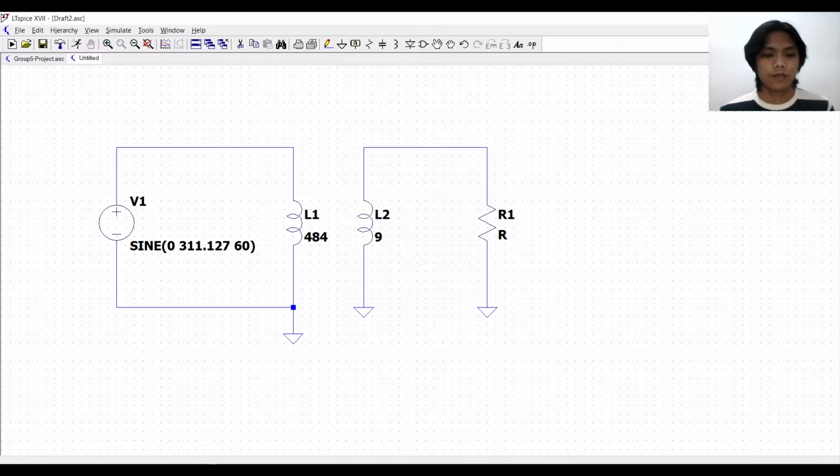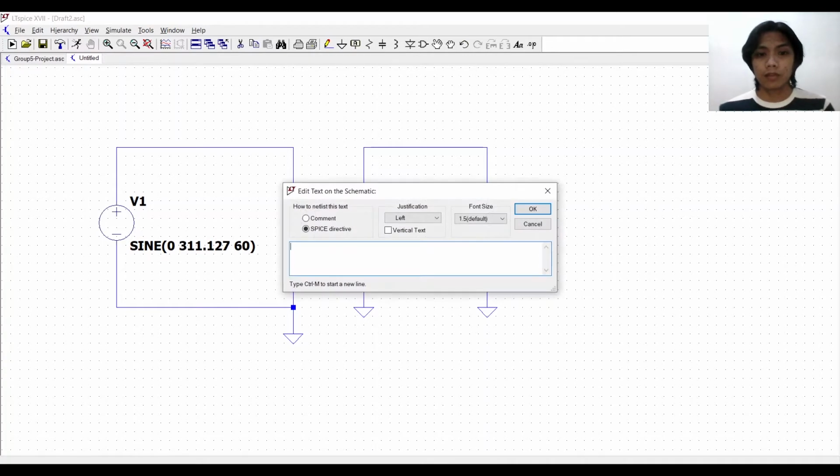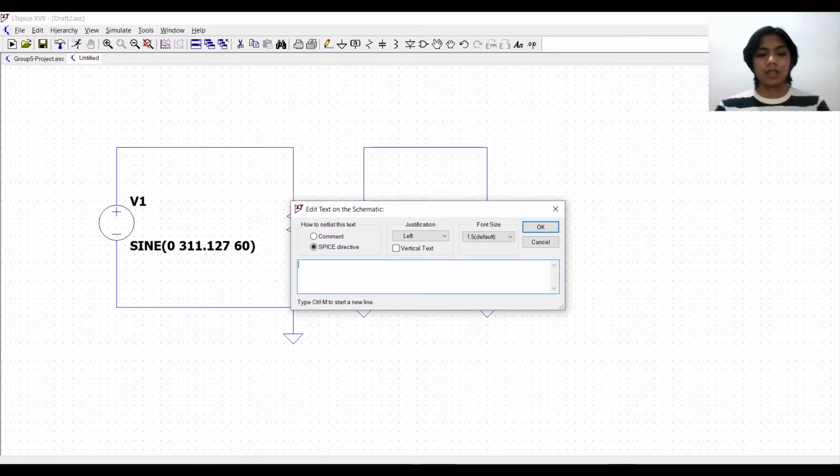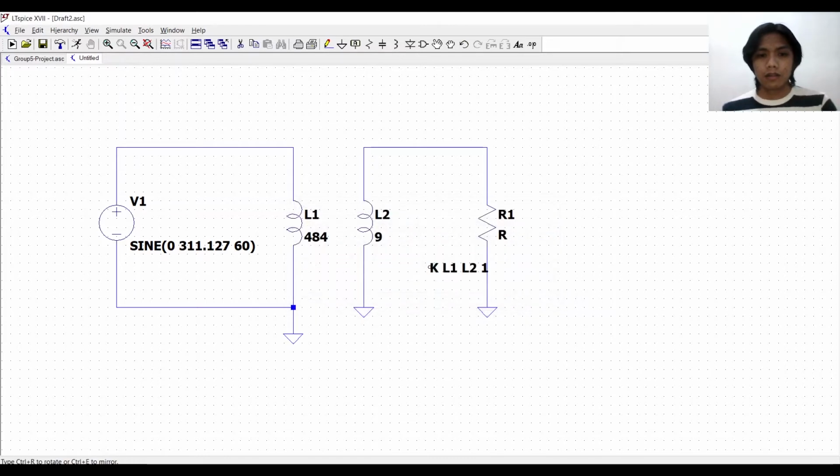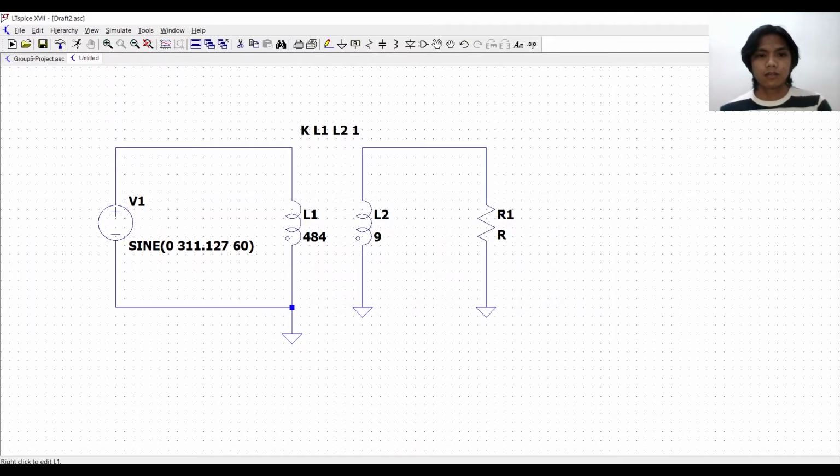Now it is time for us to join these inductors together and tell LTspice that we mean to use them as a transformer, by typing the following SPICE directive. Need to rotate this.